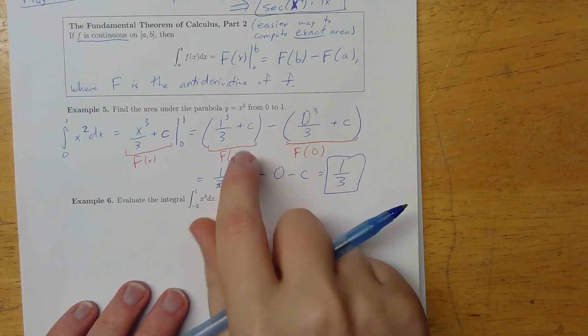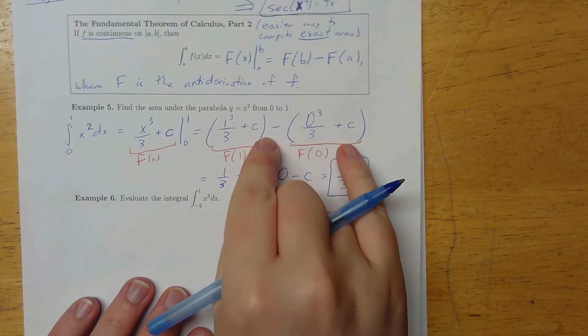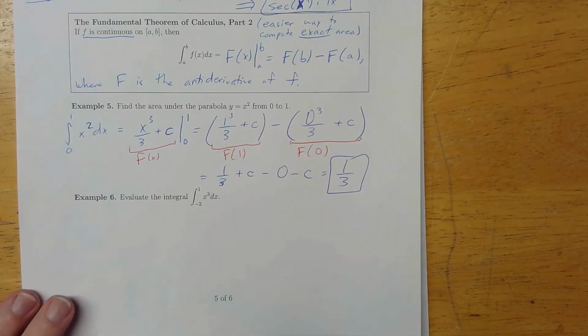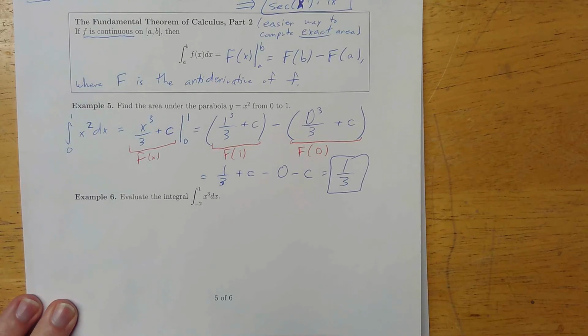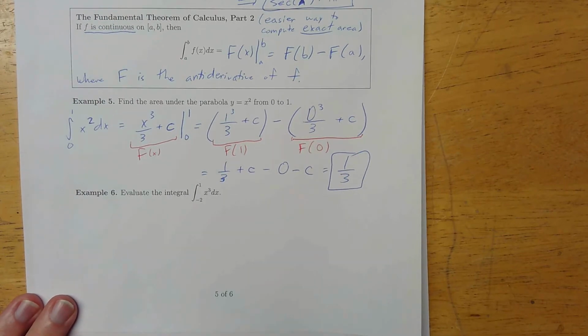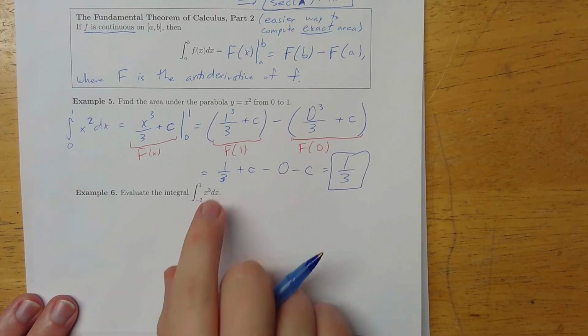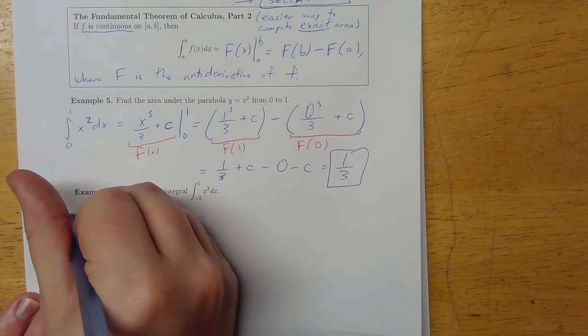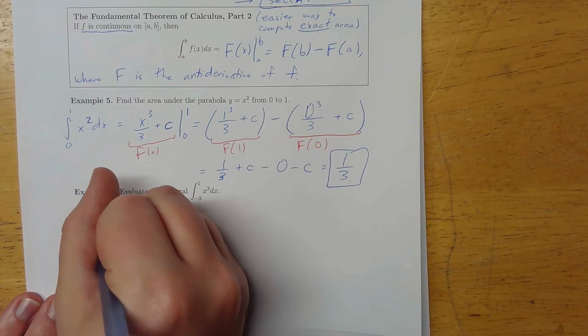Now notice that whenever we do this, these c's should cancel. So when we're taking these definite integrals, where we're given bounds, we can just ignore them, because they'll cancel out. So let's say we want to evaluate the integral from -2 to 1 of x cubed dx.